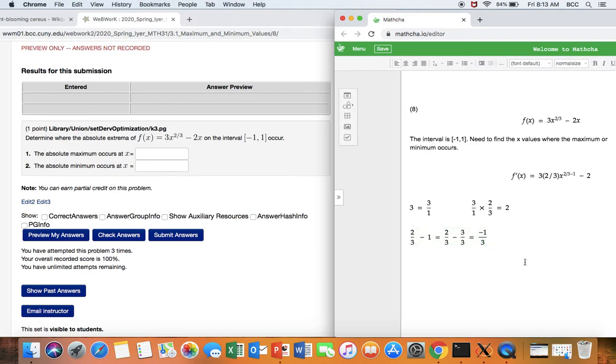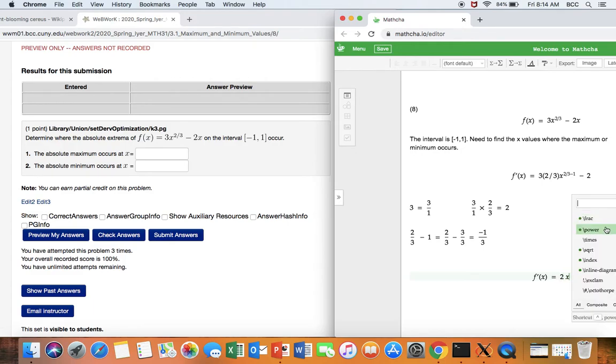So in other words, my f prime x equals 2 times x to the power -1/3, and all of this is minus 2.